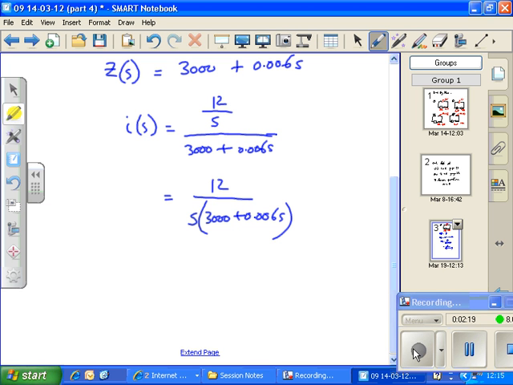And now we would use partial fractions, separate that out, and get 2 terms.